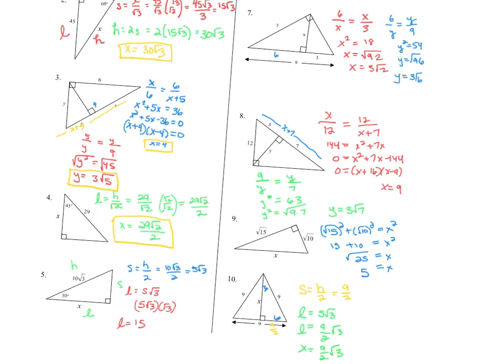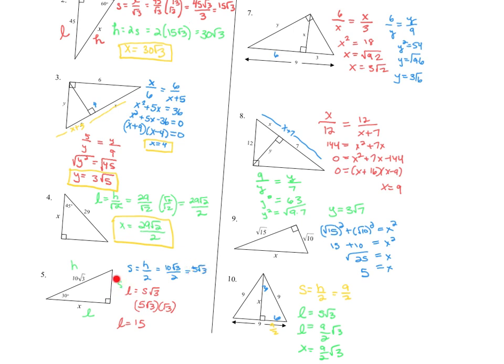For number 5, you could see that what we have is a 30, 60, 90. And I've labeled the sides, our hypotenuse, our short side, and our long side. And so I'm going to start by finding the short side, which is the hypotenuse divided by 2, which gives us 5 times the square root of 3.